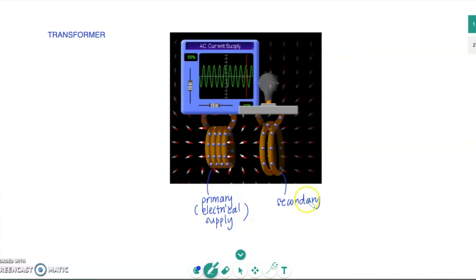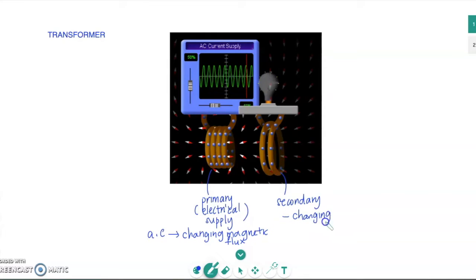Okay, just a quick summary. When it is an AC supply on the primary coil, there will be a changing magnetic flux in the primary coil. So when there's a changing magnetic flux in the primary coil and the secondary coil is near enough, the magnetic flux inside the secondary coil, which is due to the primary coil, is also changing.